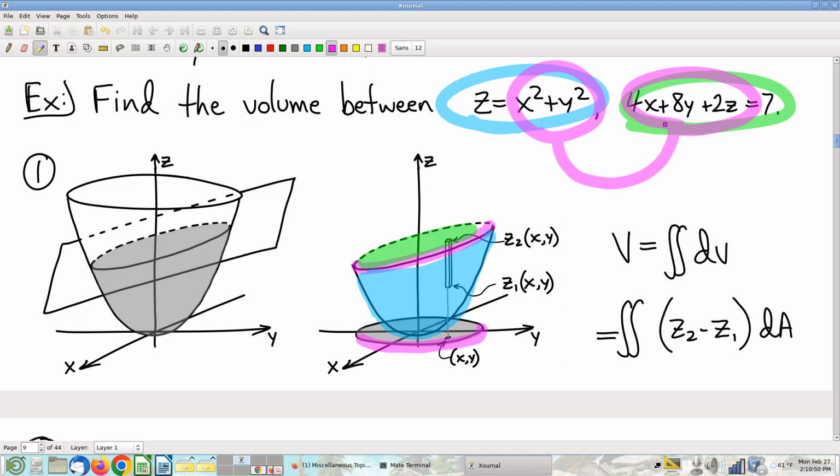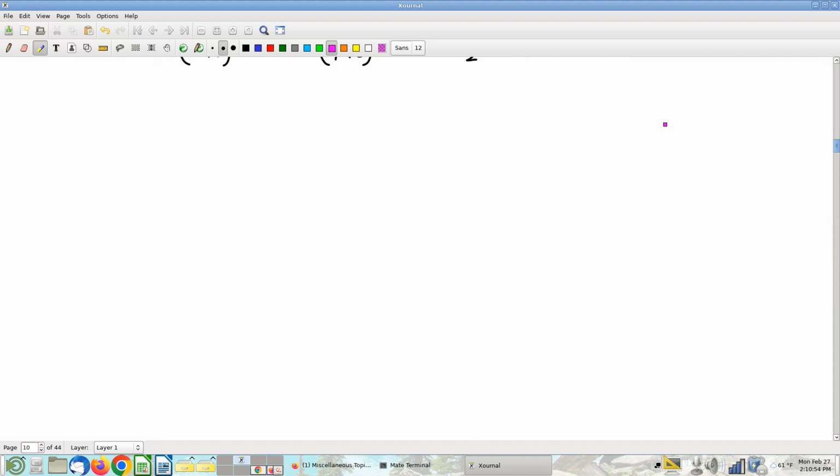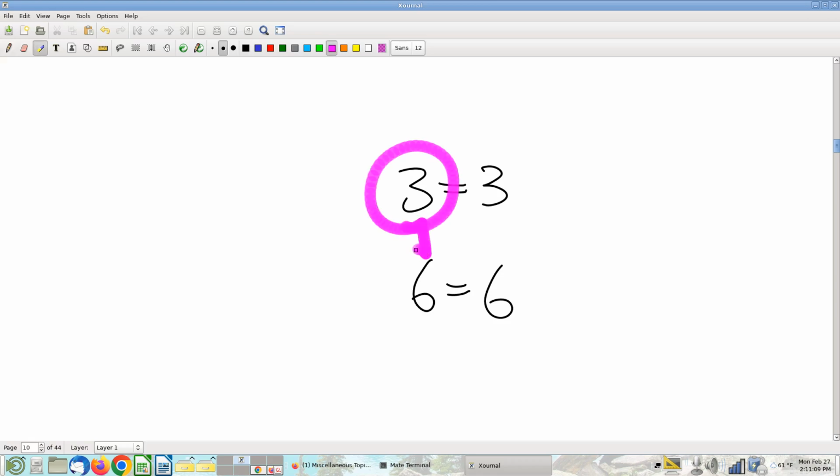Just for the purposes of exaggeration, for emphasis, let me give you a more preposterous scenario. Suppose you want this equation and this equation both to be true at the same time. Would you require that 3 equals 6? No, that's ridiculous. Does everybody see what I'm talking about? It just doesn't make any sense to set equations equal to other equations.